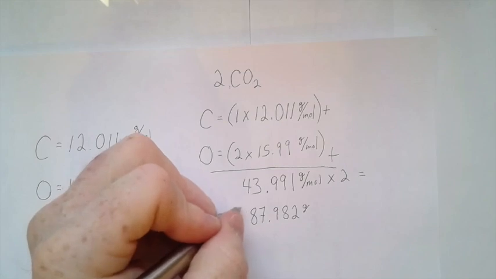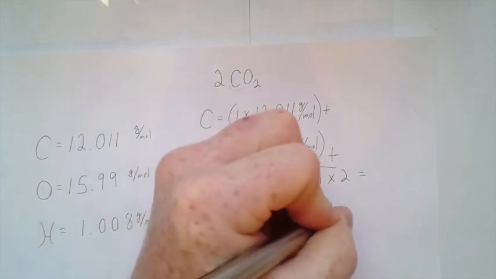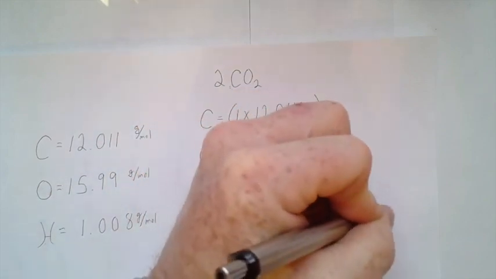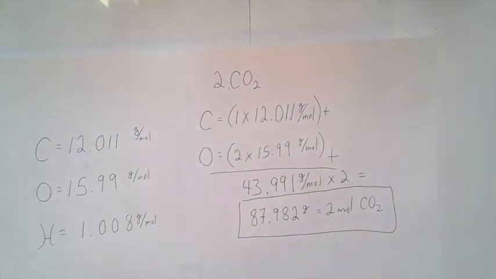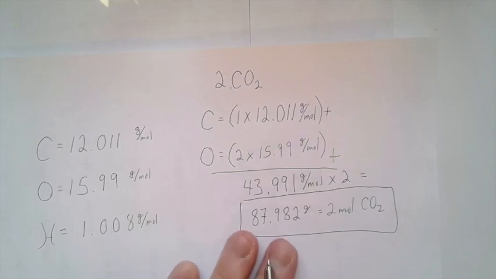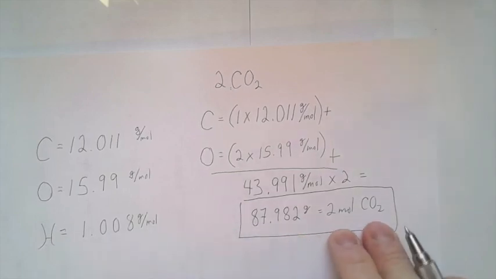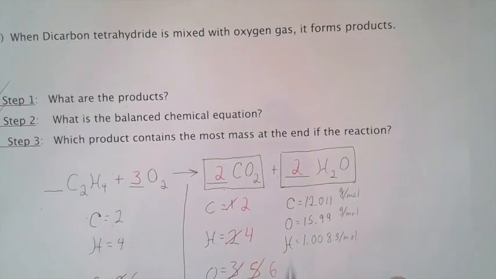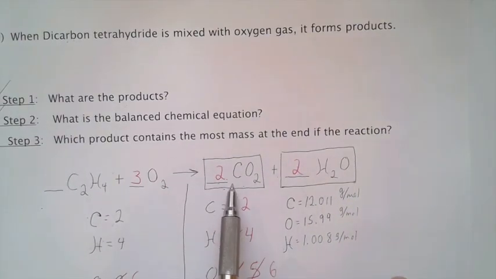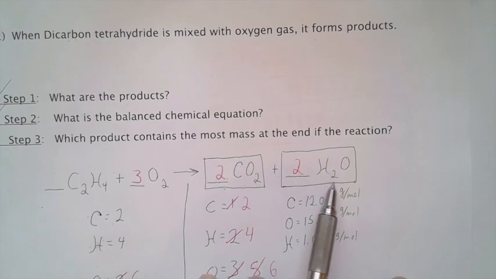That's how many grams 2 moles of CO2 equals. And that's what we made in our chemical equation. We made 87.982 grams because we made 2 moles of carbon dioxide when you look back at the chemical equation that we have here. Now we need to just compare that to water, H2O.